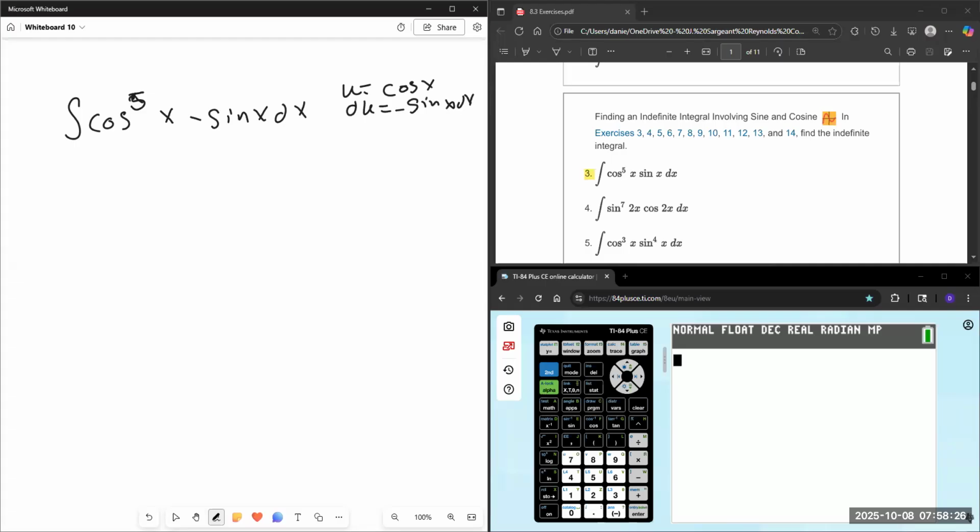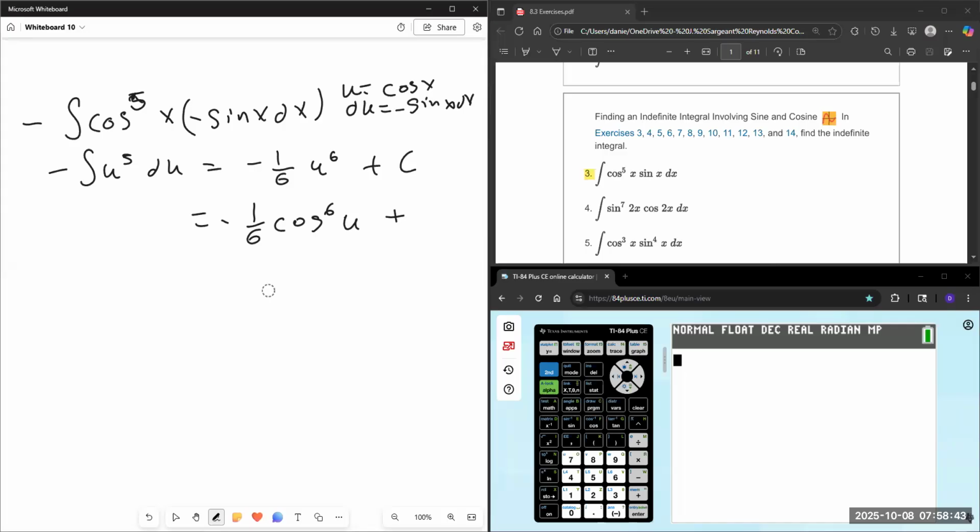So negative will be u to the fifth du, is negative 1/6 u to the sixth plus c, which is negative 1/6 cosine to the sixth x plus c.